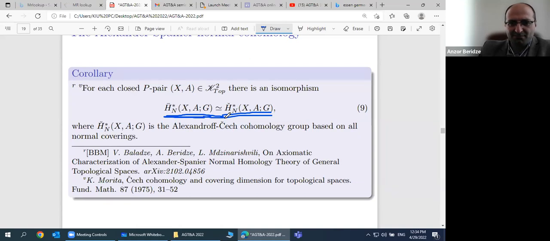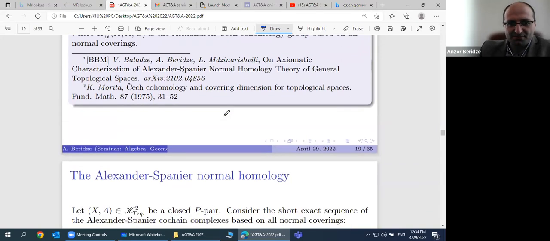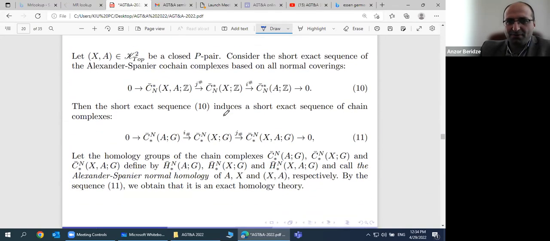And here an important bridge is Dowker's lemma, which connects the nerves and Vietoris's homology theory. It works well here. It is not a problem at all, but what is the advantage of our cochain complexes?